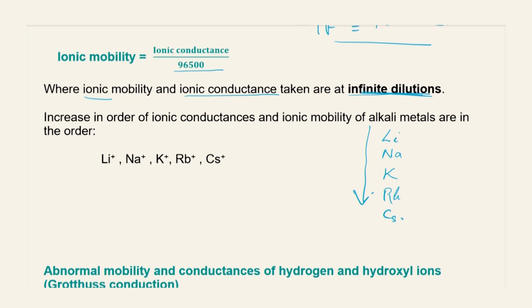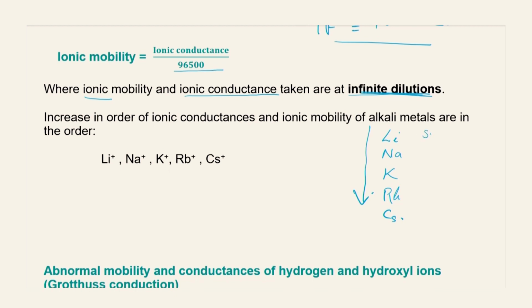Now, we know that ions move faster when the ionic size is small. As the size of the ion increases, they find it difficult to move through the solution, and therefore their ionic mobility will decrease. So, in this case, since lithium has the smallest size, the lithium ion will be very small.